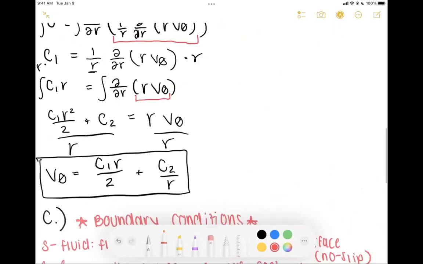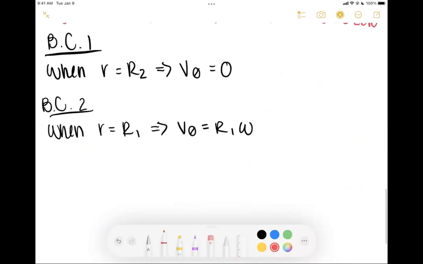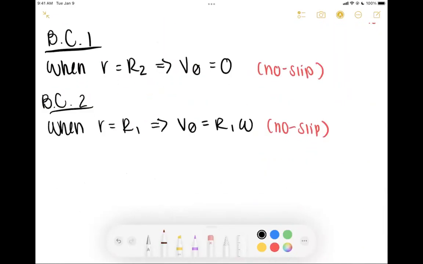So when the radius is equal to R1, the velocity of theta is equal to that equation they gave us. These are both due to no slip boundary conditions. Okay, so that is part C. C is all done. I'm just going to draw a nice box around it.